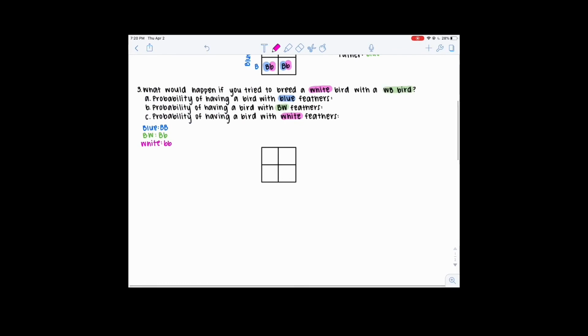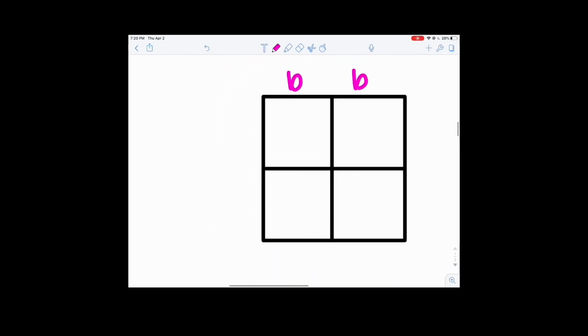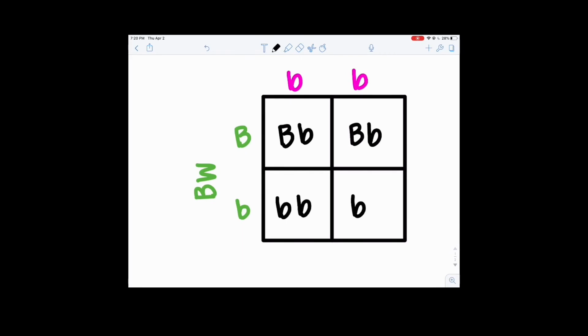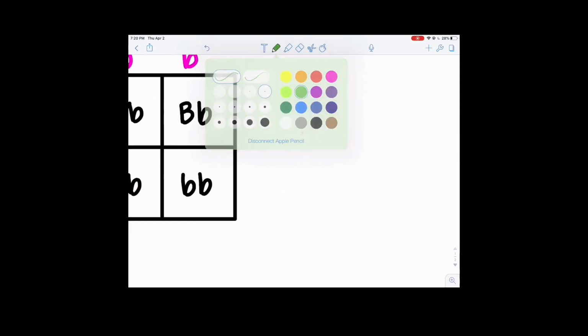So we know that the question is asking what would happen if we crossed a white bird and a BW bird, so I'm just labeling the top as white with the 2 lowercase b's, and the side as BW with the uppercase B and the lowercase b. So now if we cross, you will see that we get a capital B, lowercase b, which is 2 heterozygotes and 2 recessive homozygotes.